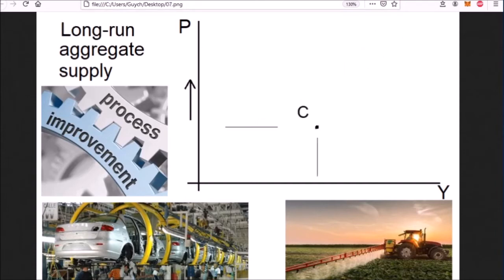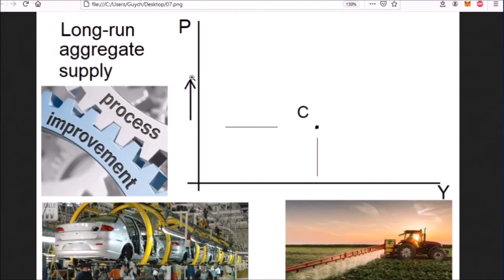Next, let's move on to the long-run aggregate supply curve. And again, let's start anywhere on the chart. Let's start with this point C, which corresponds to some given price level and some given level of real GDP. Now let's introduce some changes to the economy where the price level starts to rise.